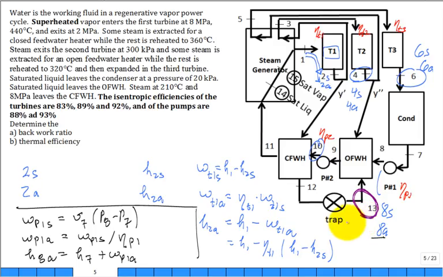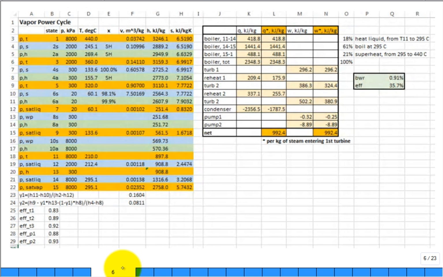All right. Now, once you have all these states, let me show you here the extra calculation. I tried to color code green and green and green and green and green, right? So those are for the first turbine, second turbine, third turbine, pump 1, pump 2. That's the additional.